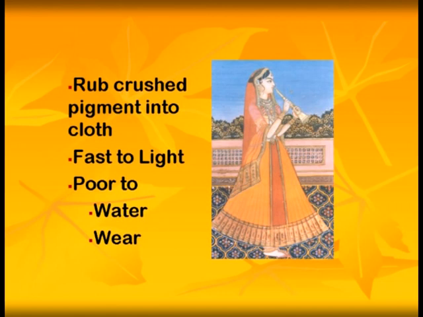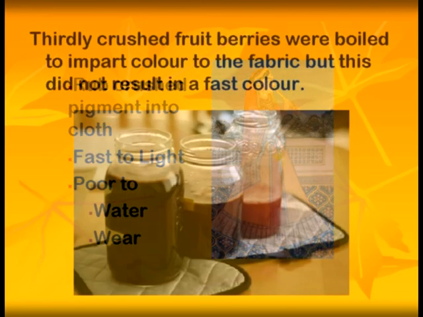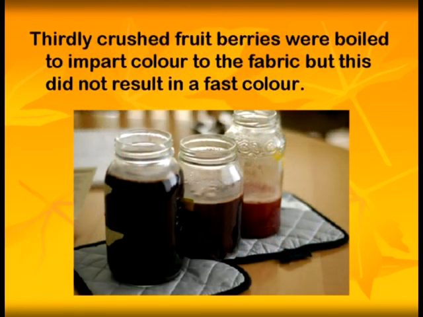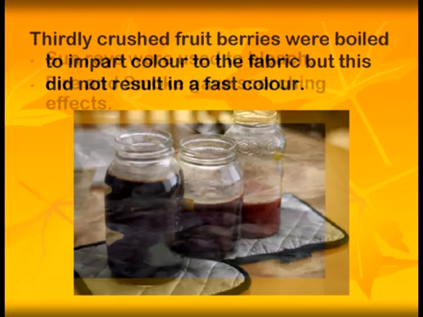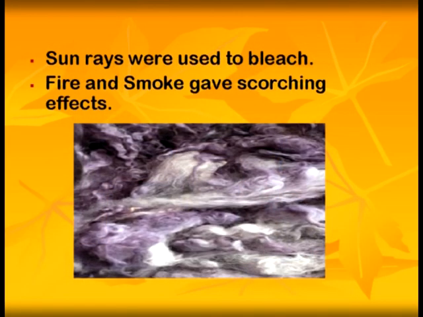The demand for permanently fixed colors stimulated experiments. Crushed fruit berries were boiled to impart color to the fabric, but this did not result in fast color. Sun rays were used to bleach.